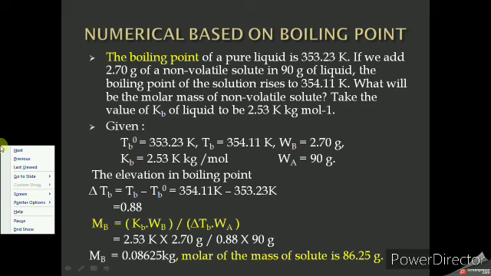So which are the given things? First we have to mention, so boiling point of pure liquid, that is Tb0, is equal to 353.23. Then this 2.70 is the mass of non-volatile solute, Wb. Then 90 is the mass of solvent, that is Wa.